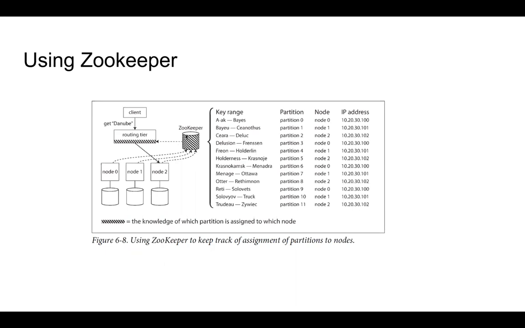That's how some storage systems use Zookeeper for the cluster metadata. Another approach, which I mentioned earlier, is Cassandra's gossip protocol, in which whenever an assignment happens, nodes update each other. So each node is aware of every other partition.